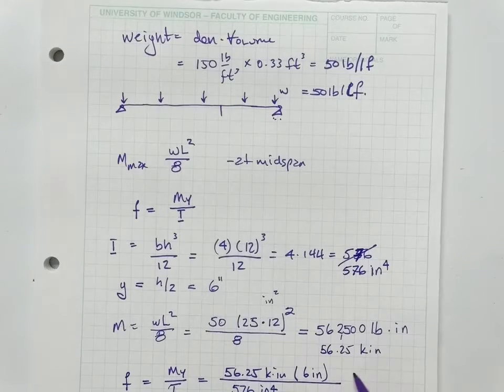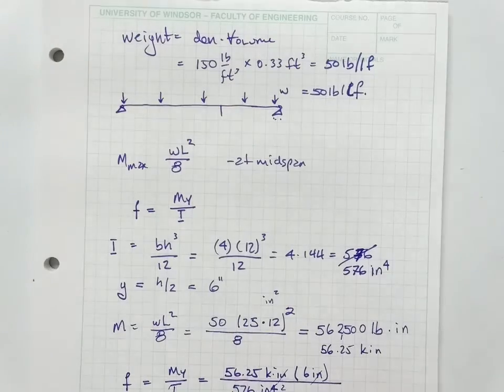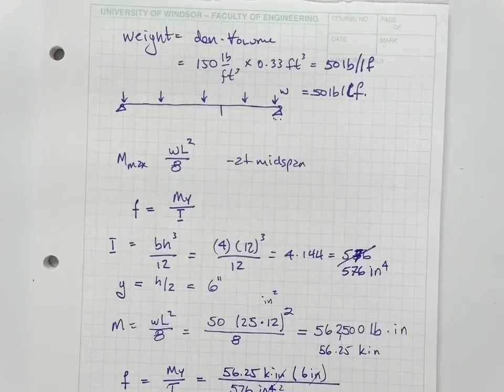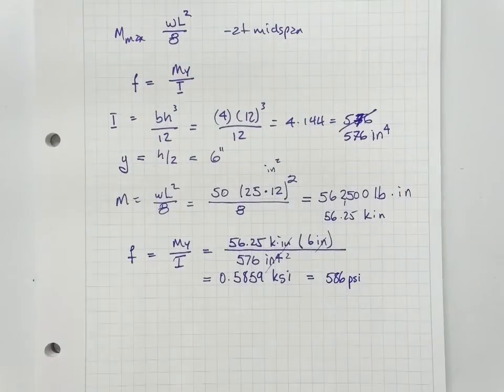I'm going to get a result in kips per square inch. What do I get? 0.5859 KSI, which is 586 PSI. That's the tensile stress at the bottom of the beam.